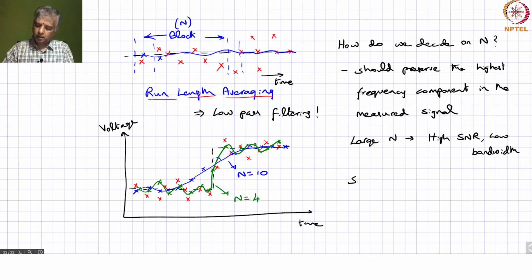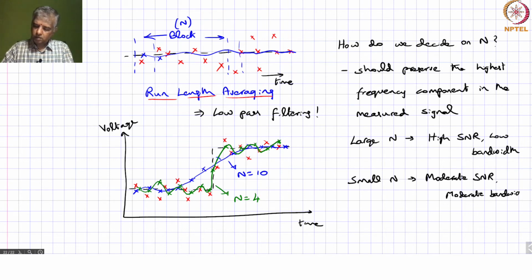Whereas if you do small n, you get only moderate improvement in SNR, but you also get moderate bandwidth.